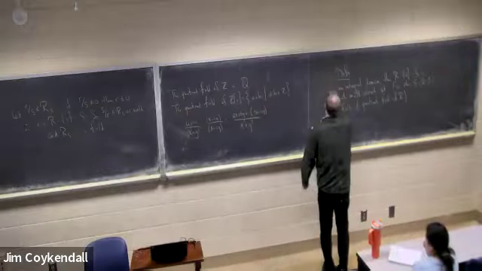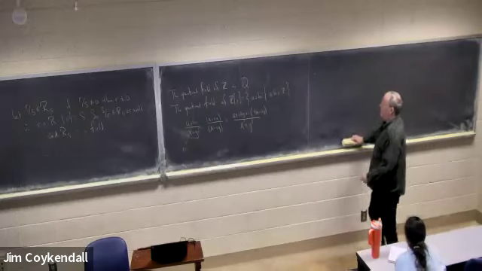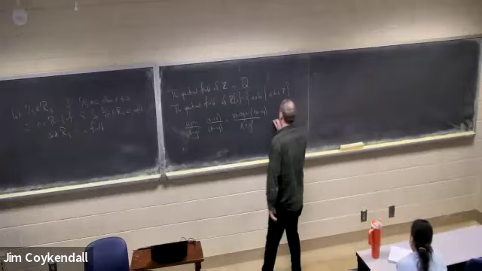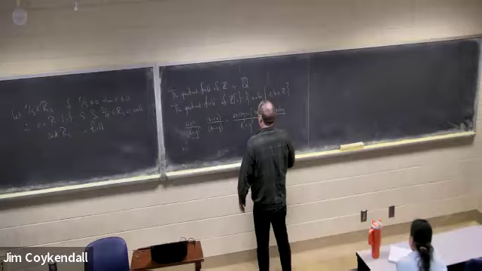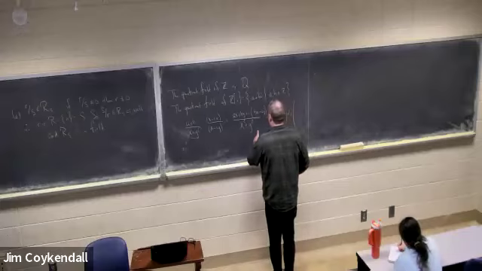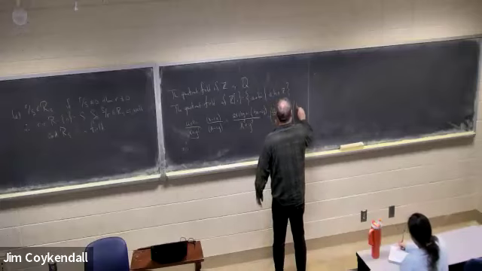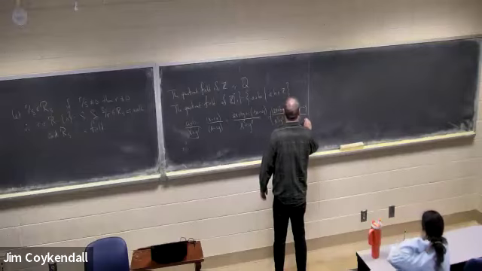And this can be written as ax plus by over x squared plus y squared, plus i times dx minus ay over x squared plus y squared.